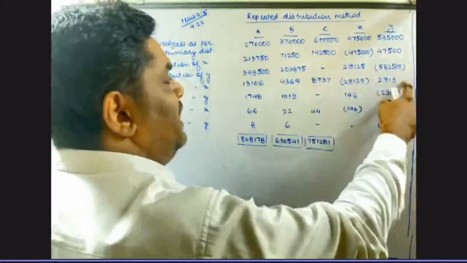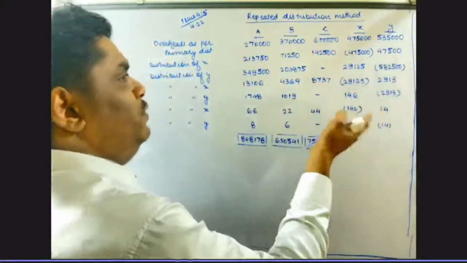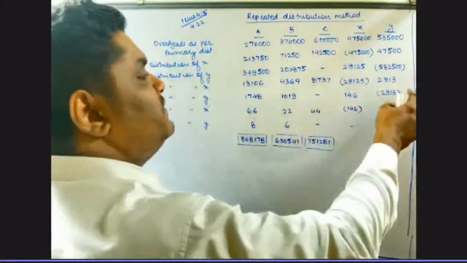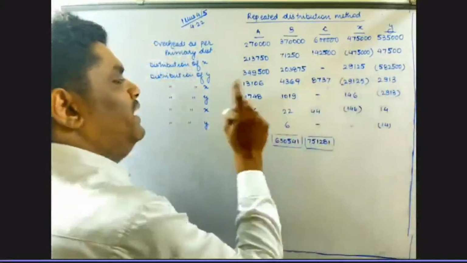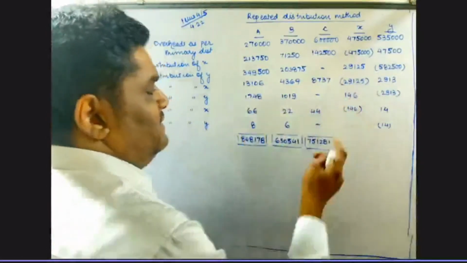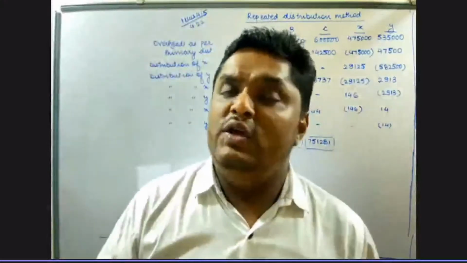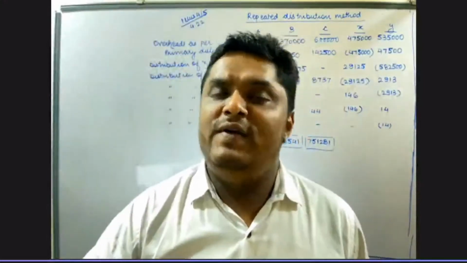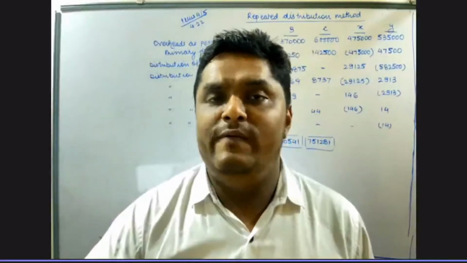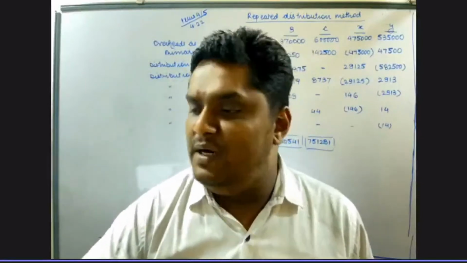Now 2,913, the overheads of service department Y, will be distributed again to A, B, C, and X. And this process will go on till we get the figure in 2 digits. And thereafter, once we get the figure in 2 digits, we will distribute only to the production departments.